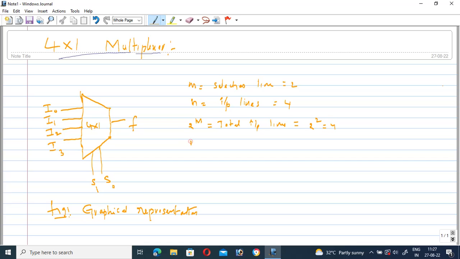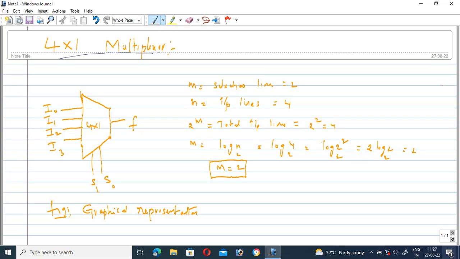If you want to find the m value, m equals log n base 2, so log of 4 is log of 2 squared, which equals 2 log 2 base 2, so the value is 2. So the total number of selection lines in a 4 by 1 mux is 2. If you know the total number of selection lines, you can directly decide the total number of input lines also, right?